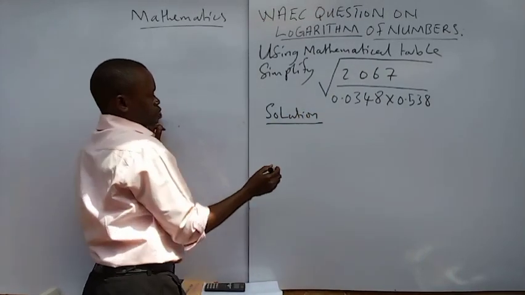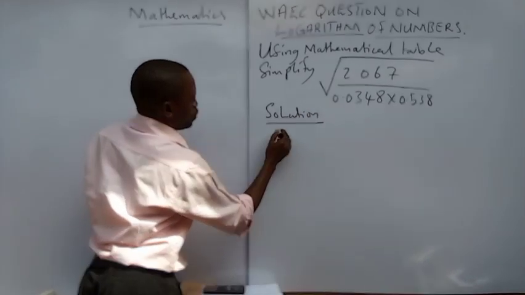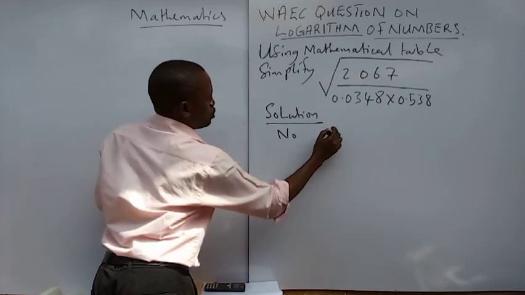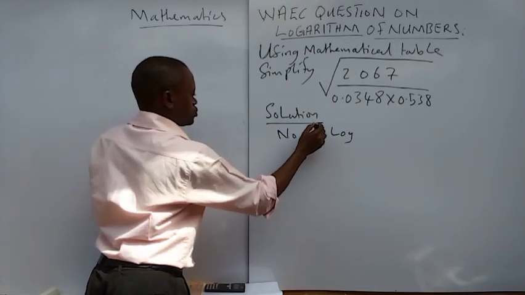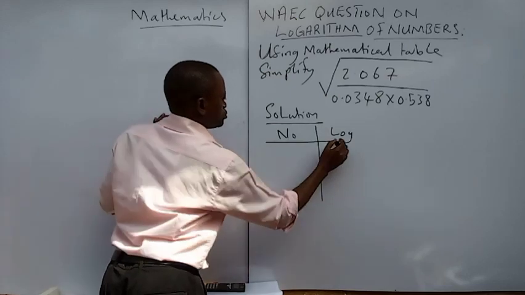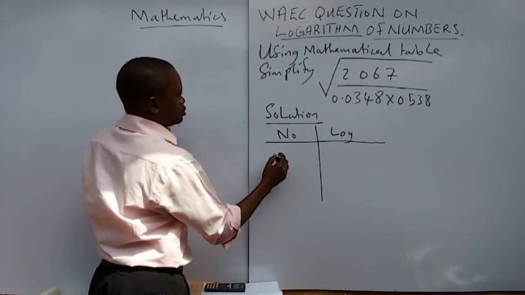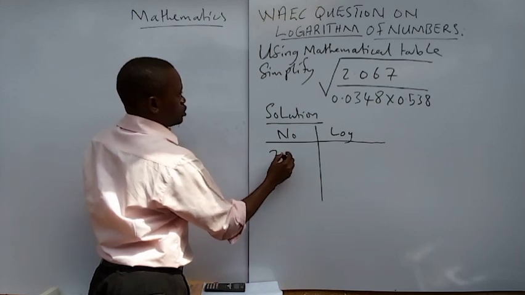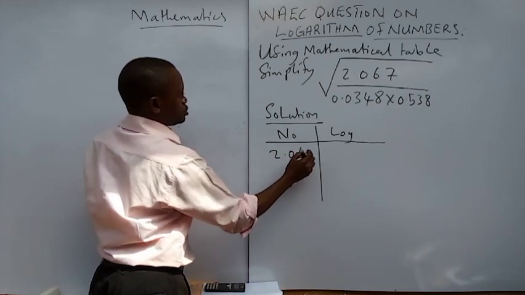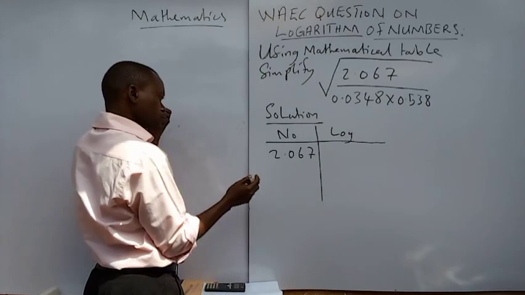You write the number log. So the first thing there is 2.067.